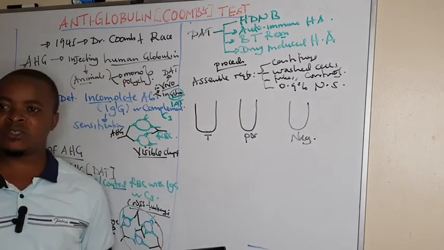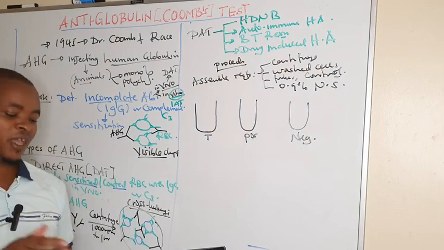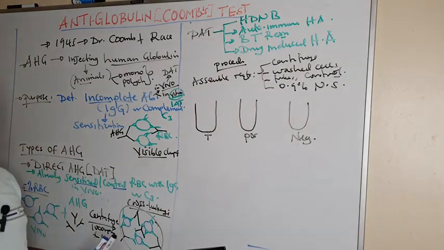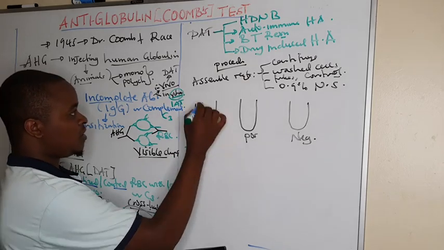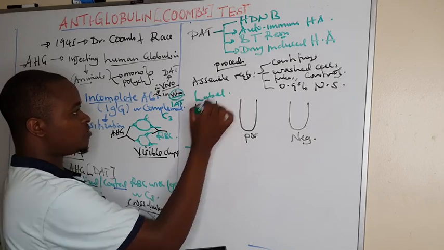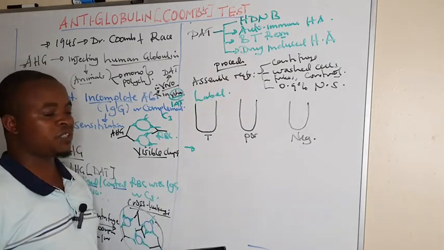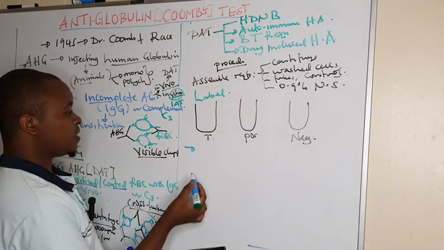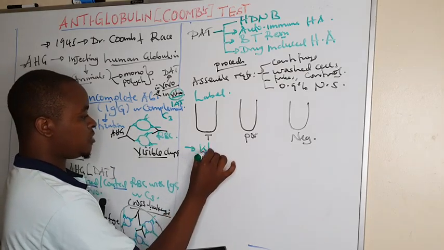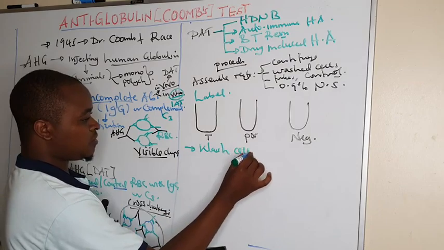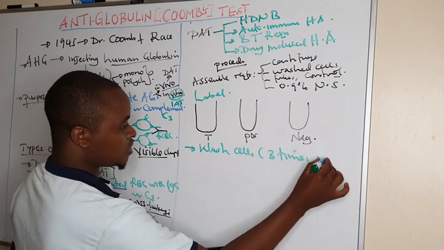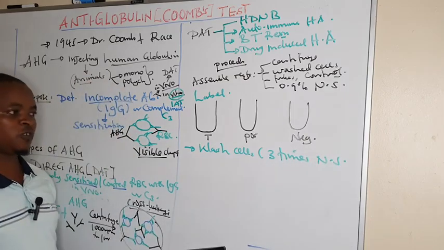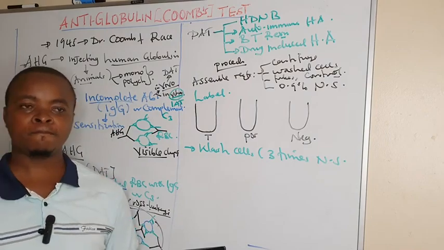After assembling these tubes, we prepare 5% red cells, but before preparing, we first wash. So we assemble, then we label the tubes: test, positive control and negative control. Then afterwards, we wash the red cells at least 3 times using 0.9% normal saline.